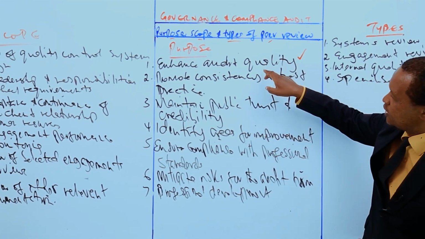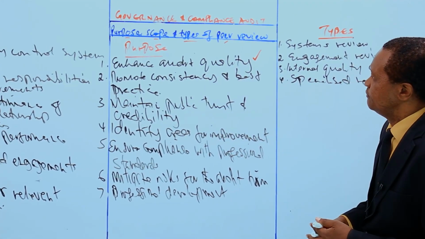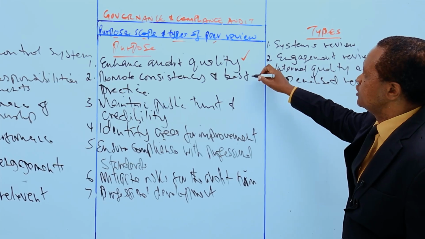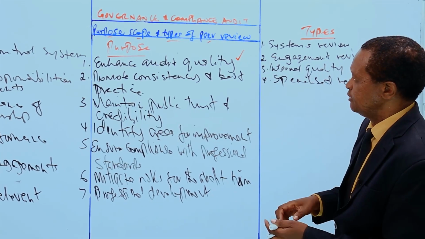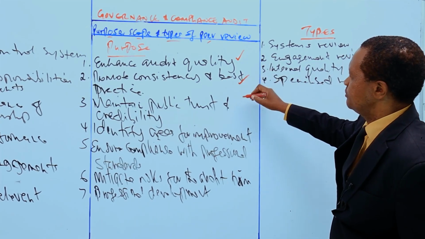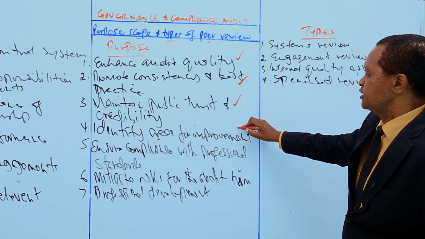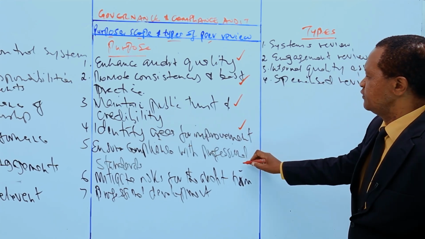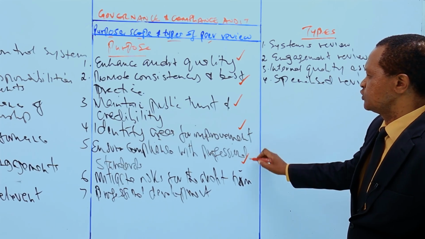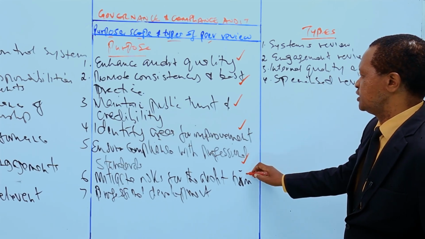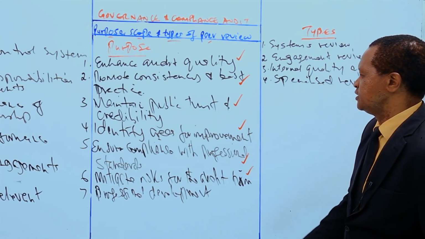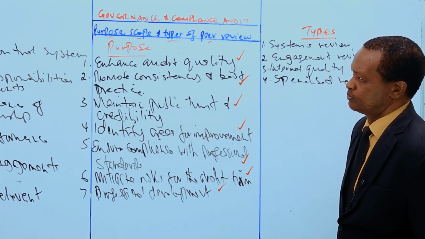So the purposes: one, to enhance audit quality. Number two, to promote consistency and best practice. Number three, to maintain public trust and credibility. Number four, to identify areas for improvement. Five, to ensure compliance with professional standards. And number six, to mitigate risks for the audit firm and also professional development.